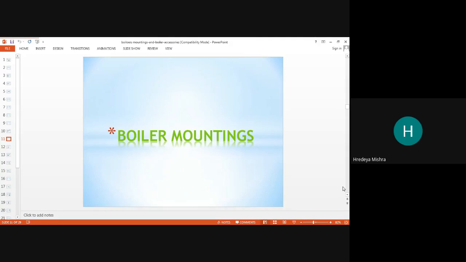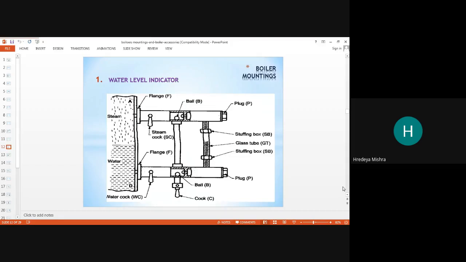So now we can see that the first is the water level indicator. See the diagram of the water level indicator.